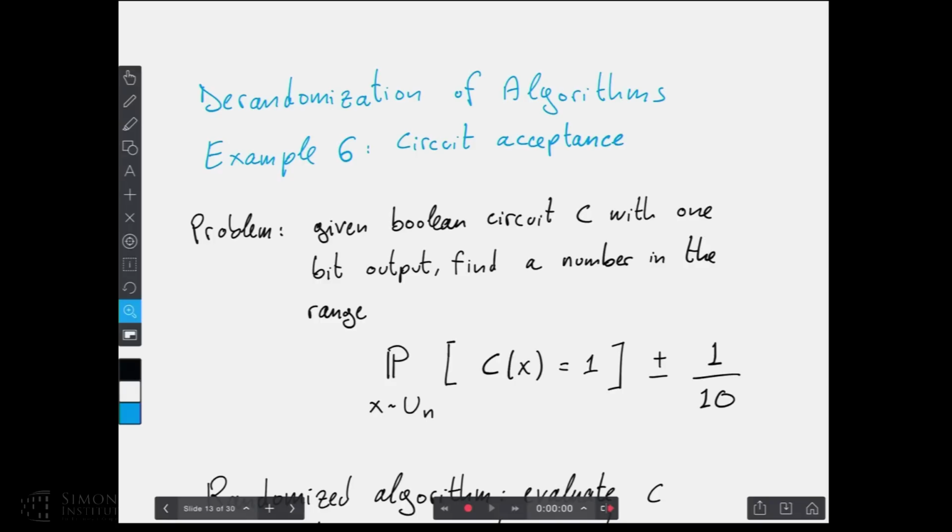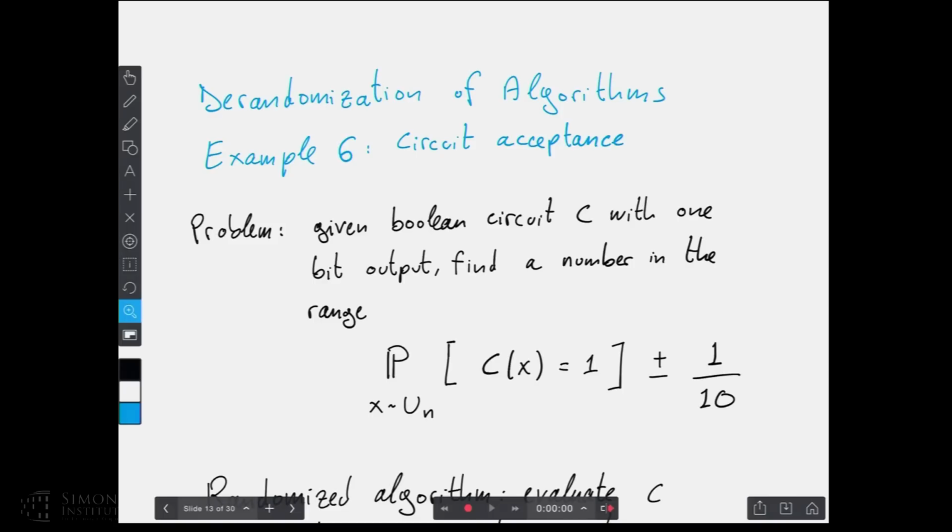So suppose I give you a Boolean circuit with a 1-bit output. You could consider essentially equivalently, I give you a small program that gives a 1-bit output. And I would like to approximate, maybe with an additive constant error, what is the fraction of inputs that make the circuit output 1?